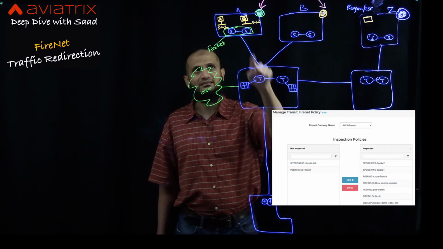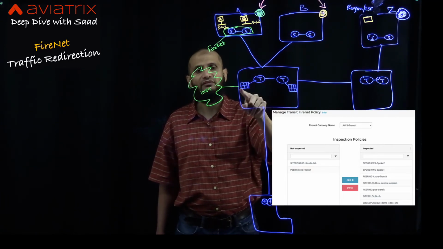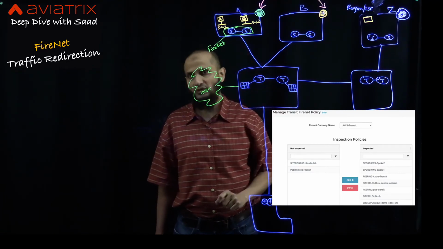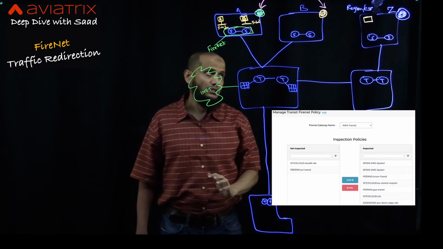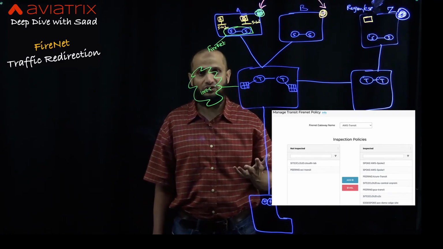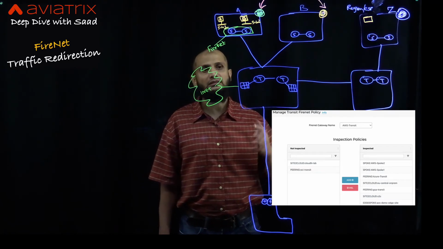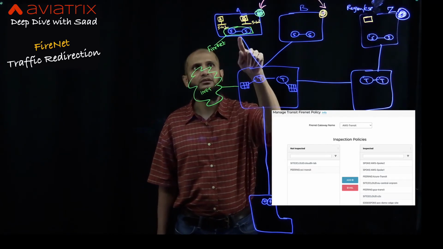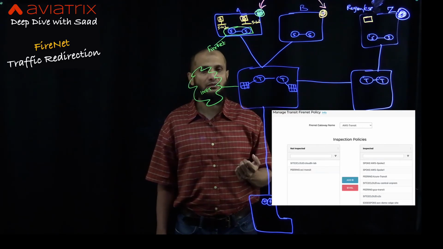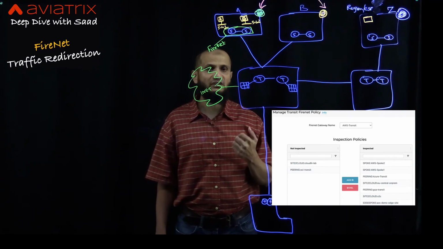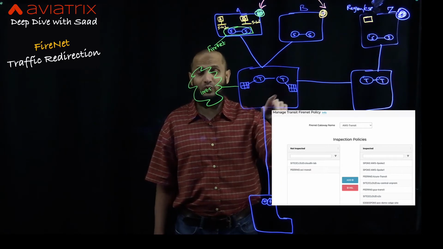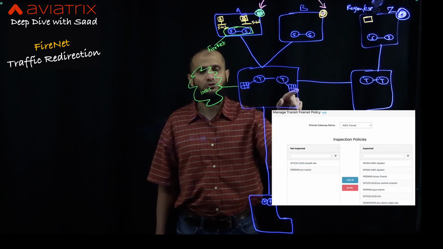So before it sends it out to A, it is going to send the traffic over to one of these firewalls and keep the hash with it, and then sends the traffic to the A. So basically, it does not matter whether it is a source or the destination. Basically, all the transit gateways care whether the spoke gateways are under the FireNet policy or not. Once they are under the FireNet policy, the direction of the traffic does not matter whether it's a source or destination. The transit gateway is always going to redirect the traffic over to the firewalls.